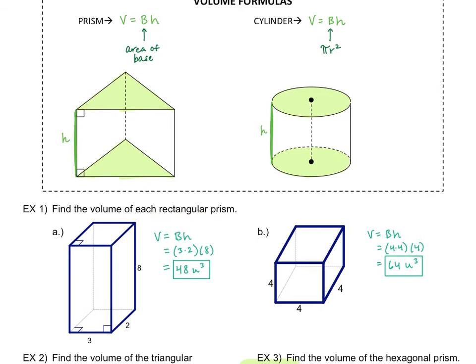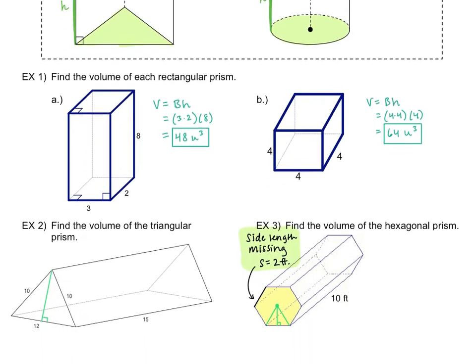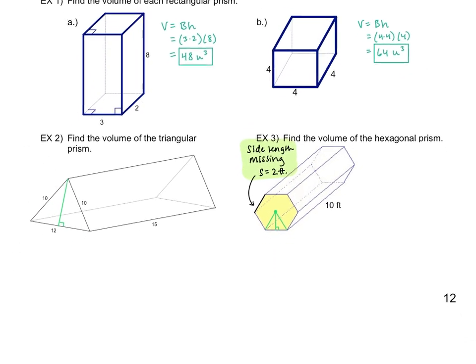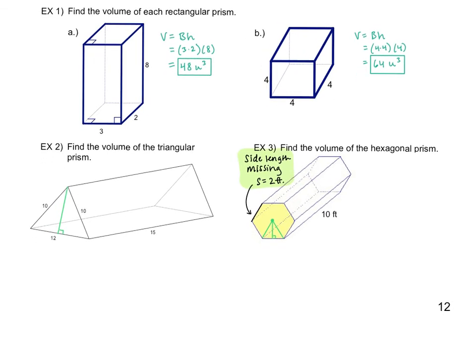I will tell you, once we move to our prisms having a different base shape, like a triangle or maybe a hexagon, it is a little bit more complicated. It does step up. So speaking of getting a little more difficult, that's what we're going to do on examples 2 and 3. So we're going to go ahead and look at those.